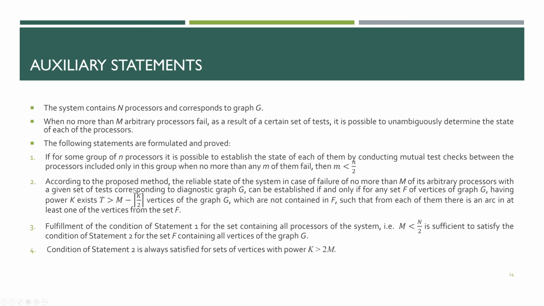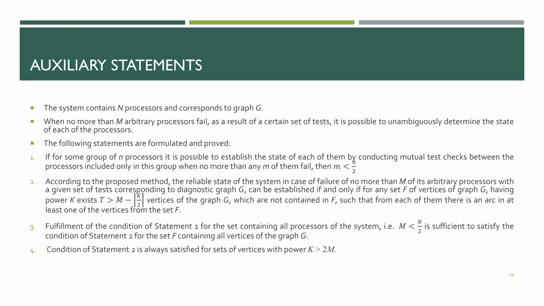In the paper, the following auxiliary statements are formulated and proven. Let's assume that the system contains n processors and corresponds to graph G, and that when no more than m arbitrary processors fail, as a result of a certain set of tests it is possible to unambiguously determine the state of each of the processors.